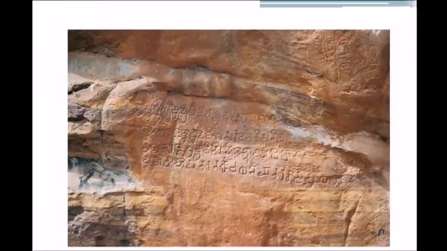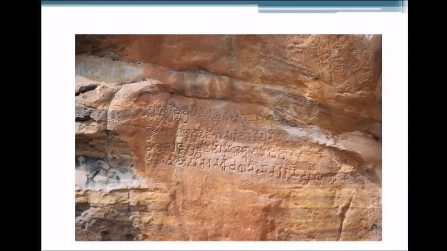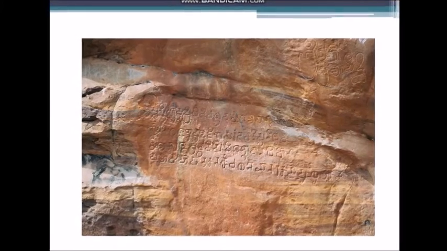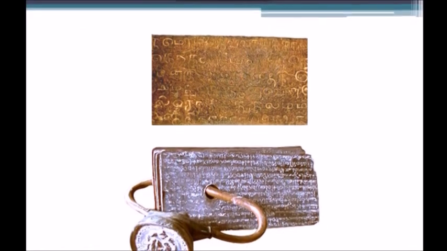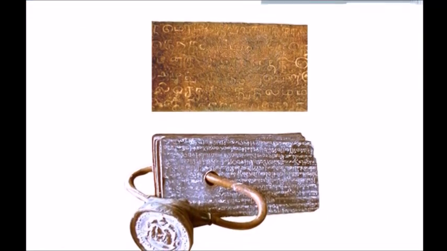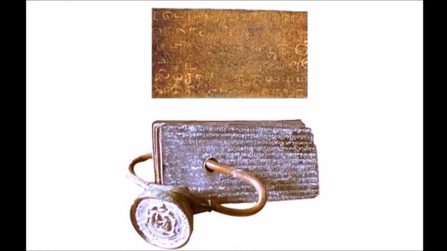From inscription, we come to know about language, script, and social life of a period. Inscriptions carved on sheets of copper are known as copper plates. Royal announcements, judgments were inscribed on copper plates.